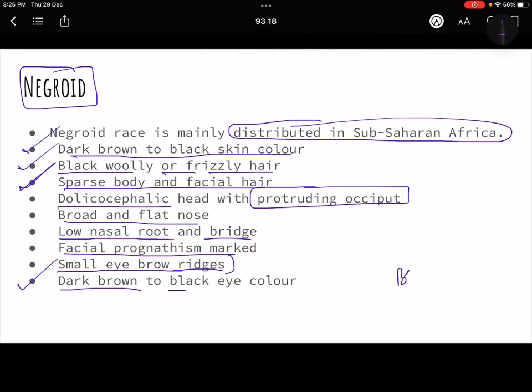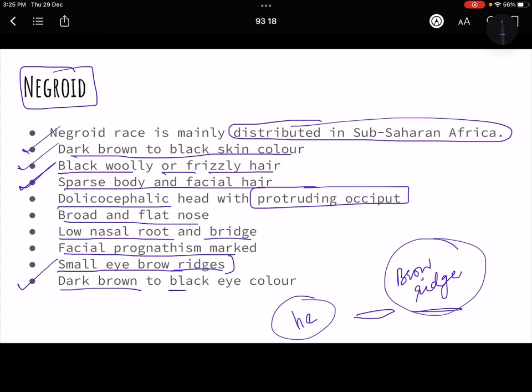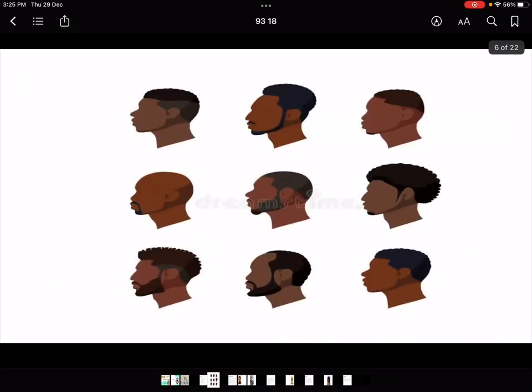Now the brow ridge is a primitive feature, as you can know from our ancestors, Homo erectus and the earlier ones, who used to have those brow ridges. They are primitive features, and many primitive features are actually present in the African racial stock, but we are just calling it primitive because they were present in the earlier stocks also, not because of any other regressive mindset, okay. So just with that mindset we are saying it.